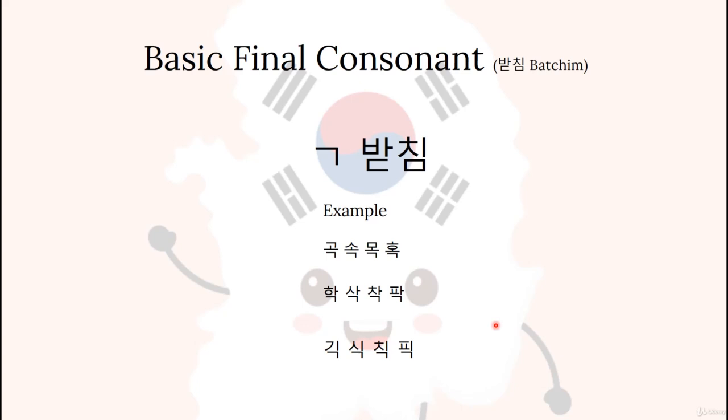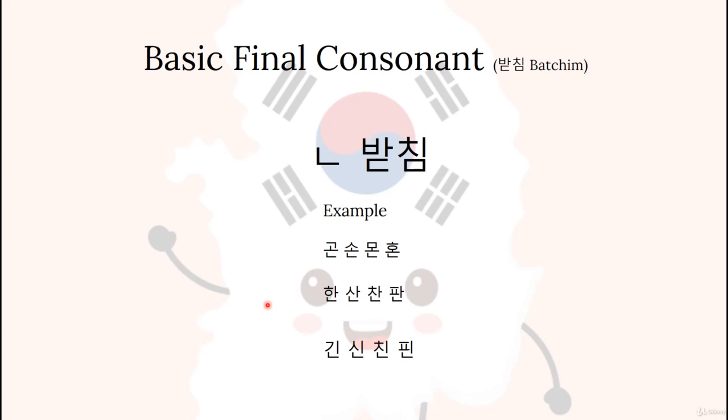I'll just call it 받침 instead of basic final consonant so that you'll get used to it. All right. And our next 받침 is the 니은 받침, the N 받침. Okay, we'll find out how it sounds. So this is like an English N placed at the end of the word, the clean N sound.